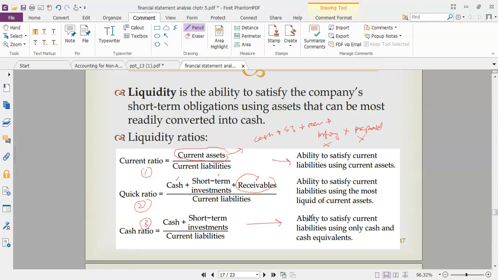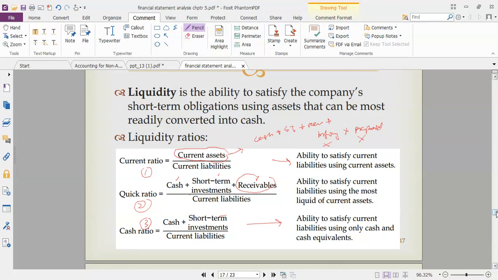We look at the ability of the company to satisfy the current liabilities relying on the cash and cash equivalent. Short-term investment is the cash equivalent. So that is the liquidity ratio.